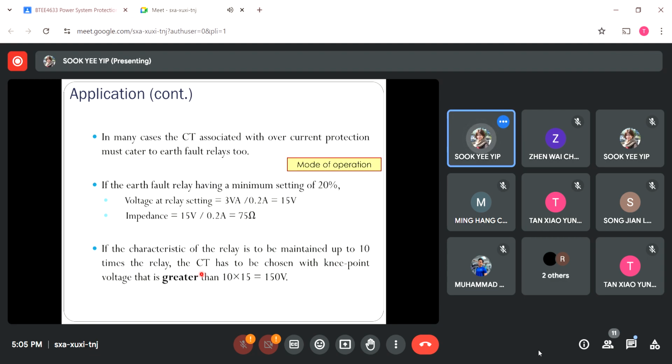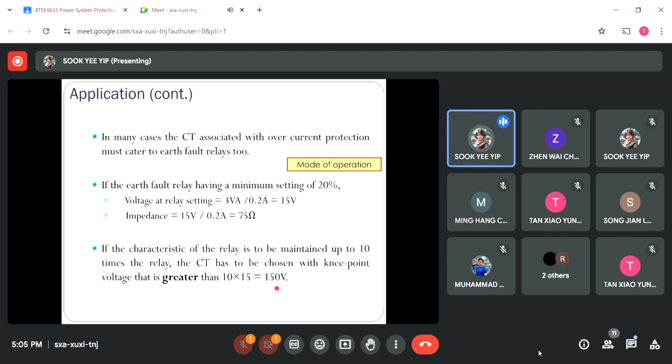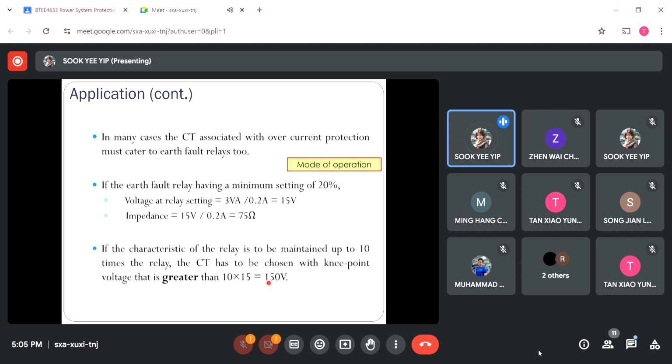So instead of 120, I will choose 150, because even with this setting, the voltage induced at the secondary side will not exceed 150 volts from these earth fault protections. Are you okay?